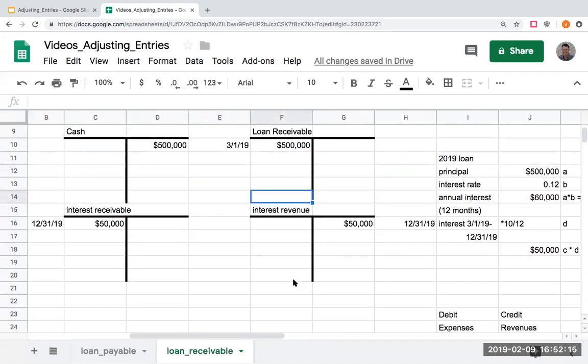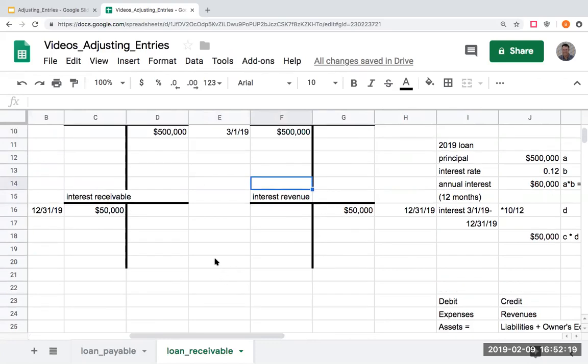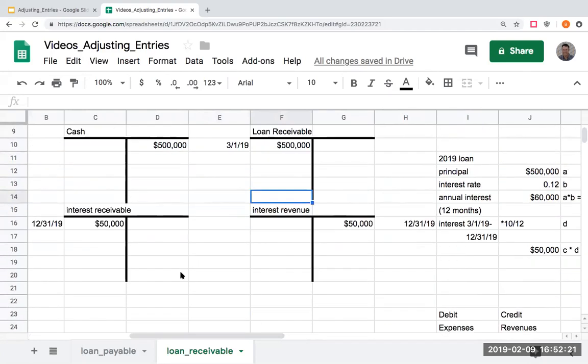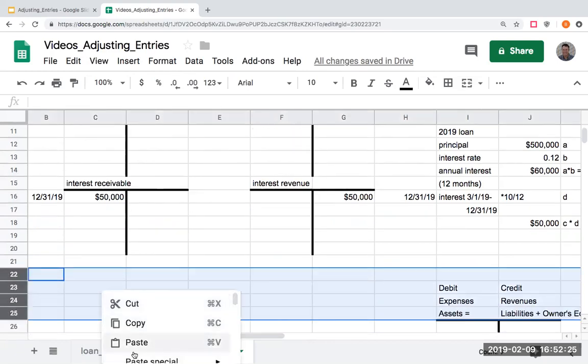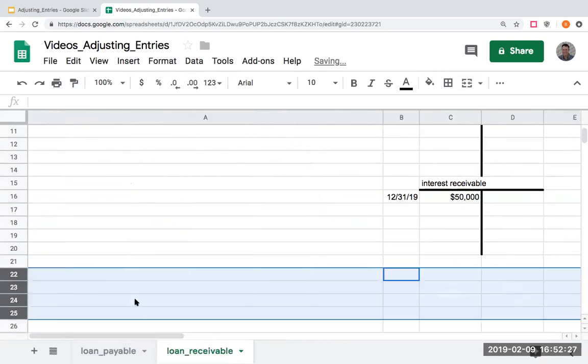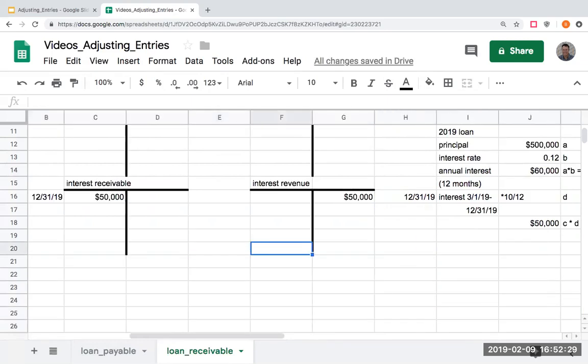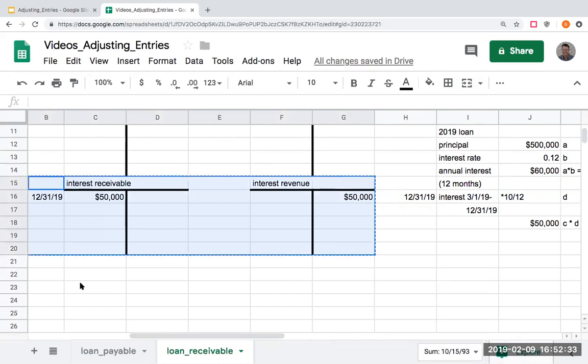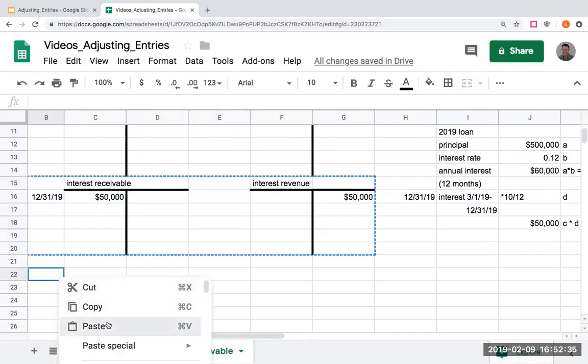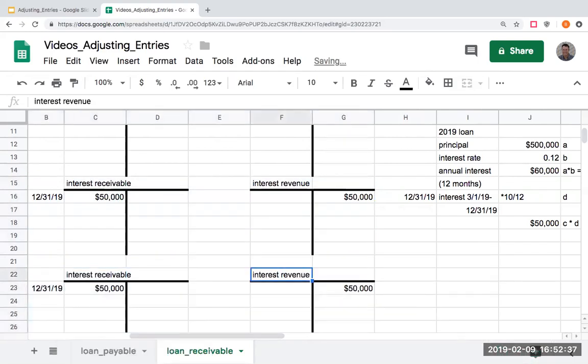Okay, let's talk really quickly about what happens in 2020. So in 2020, what happens with interest revenue?